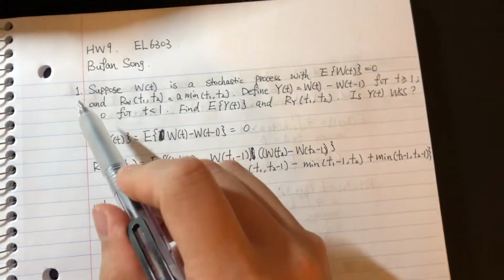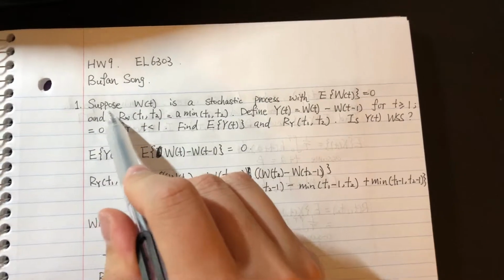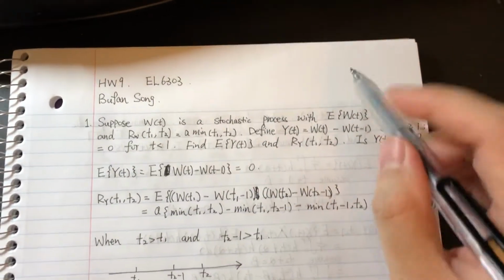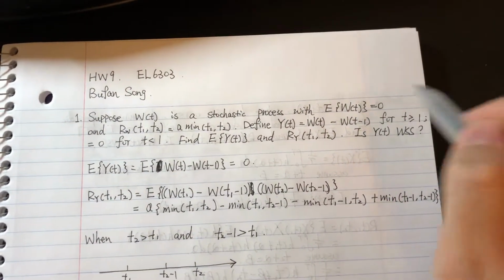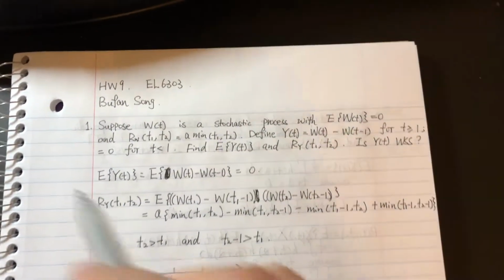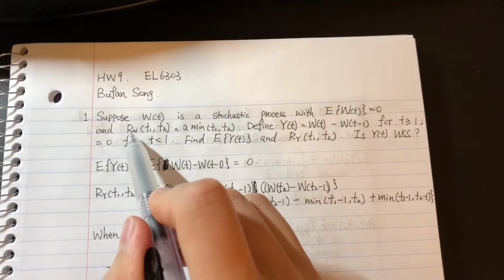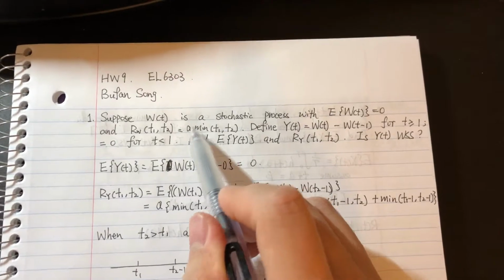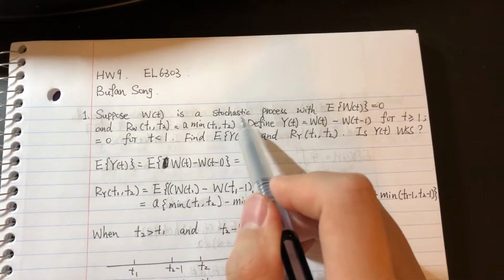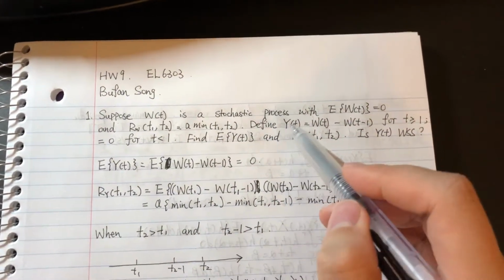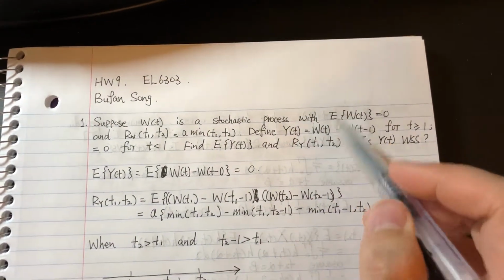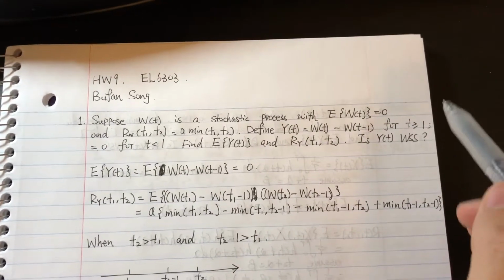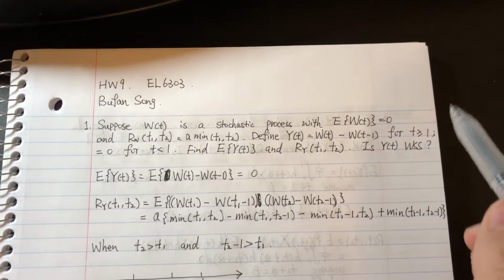And for question 1, suppose W(t) is a stochastic process with E[W(t)] = 0, mean of W(t) equal to 0, and the correlation Rw(t1, t2) equal to alpha min(t1, t2). Define Y(t) = W(t) - W(t-1) for t larger or equal than 1.